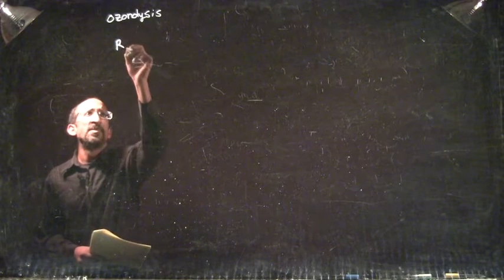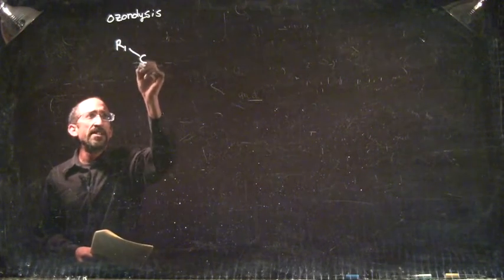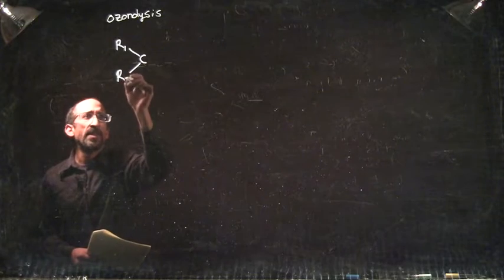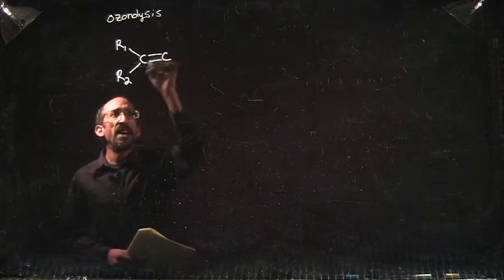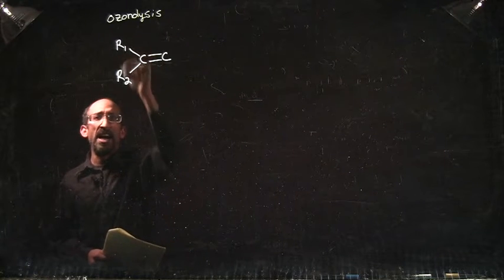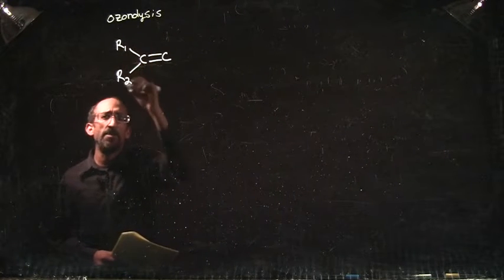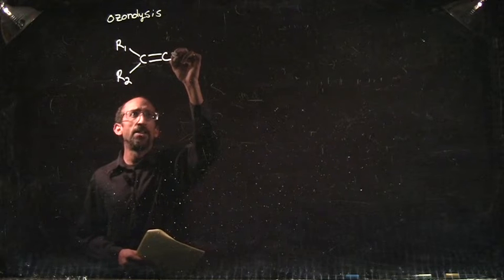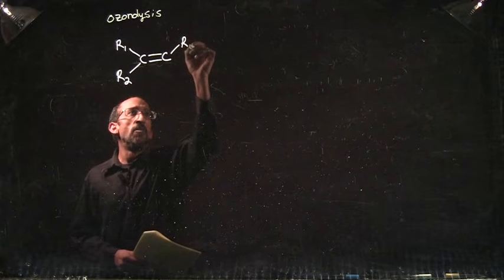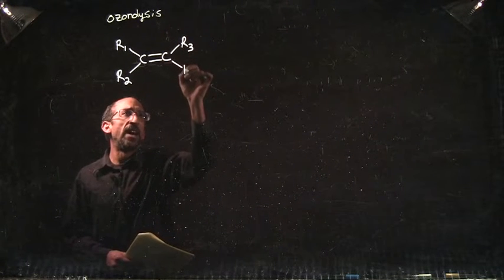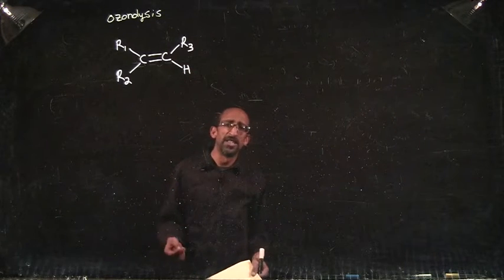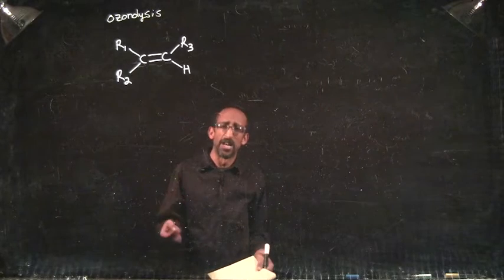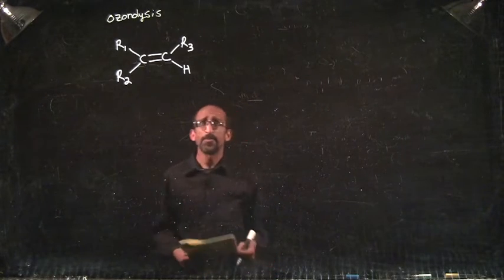Here now, I'm going to differentiate my two carbons a little bit differently than I did before, in that one of my two carbons, I'm going to have some sort of alkyl groups coming off of it, whereas on the other carbon, I'm only going to have one alkyl group and a hydrogen, and that's going to allow us to see what the differences in a reductive workup versus an oxidative workup are going to produce.